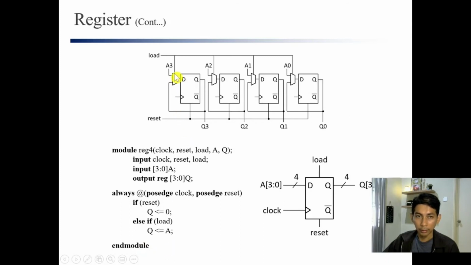See, you have a multiplexer here. If load equal to 1 here, A will go to Q. A will go through this line, right? Go to Q. But if load equal to 0, what happened? Q should be equal to Q. You see, Q should be equal to Q. This is the feedback line.